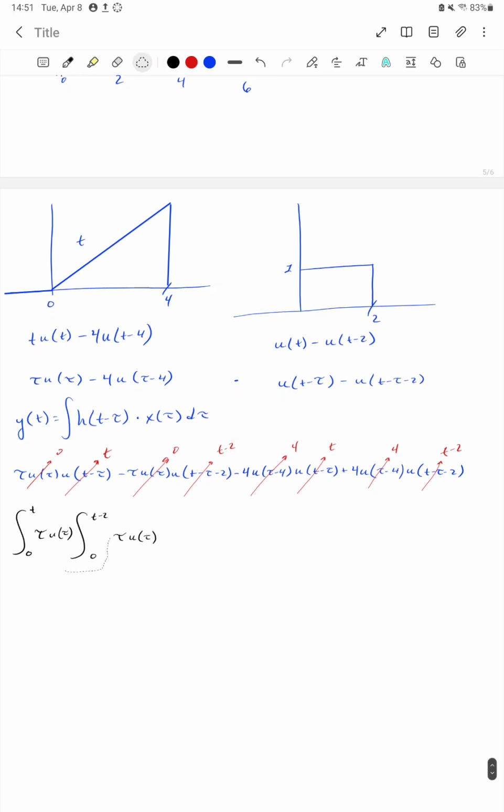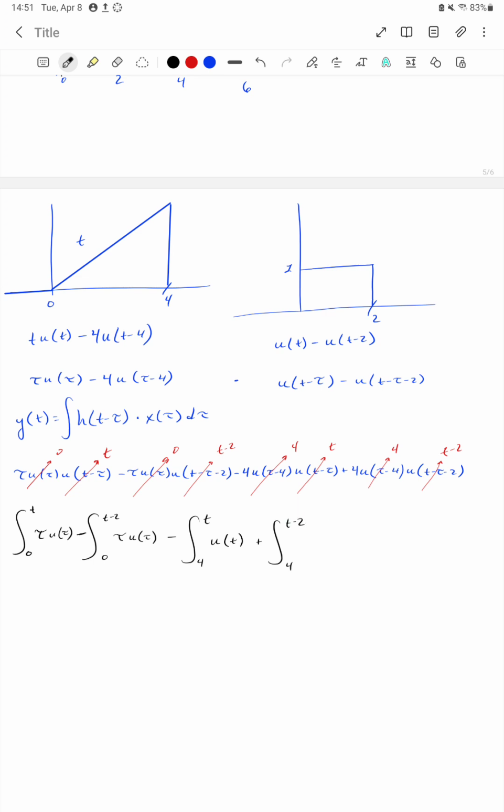I should make this a little neater. Then you're going to subtract again, and it's going to be the integral of 4 to t. And there's no tau this time. Now we're back to u of t. And then this is going to be plus 4 to t minus 2.